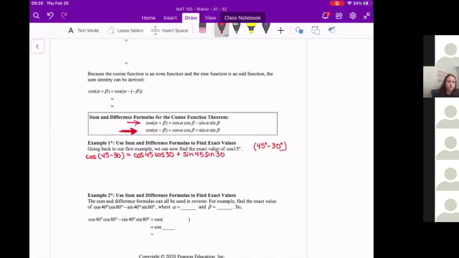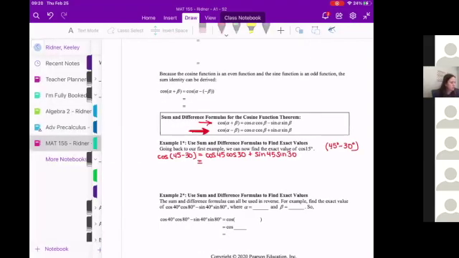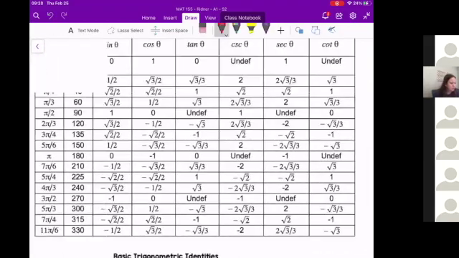Okay, so I took that directly from the second line there, and I am going to use the unit circle. So what is cosine 45 degrees? If you're not sure, you go back up to the table.